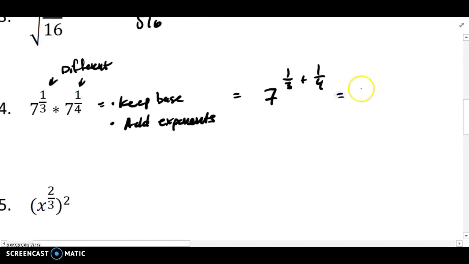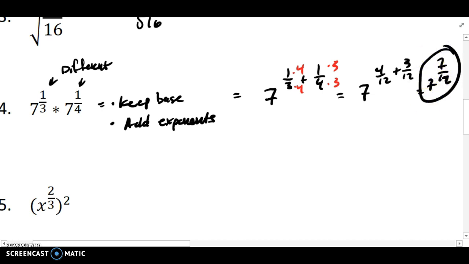So we're going to add 1/3 to 1/4. The issue with this is I need to make common denominators. So we have to times these. So I get 4 over 12 plus 3 over 12, which is 7 over 12, with a base 7. That's it.